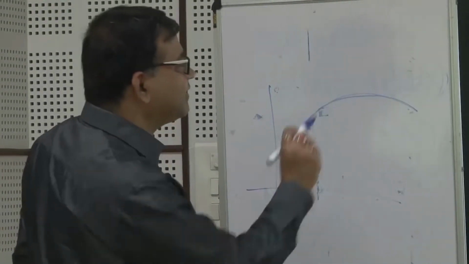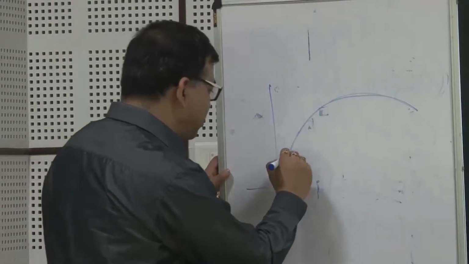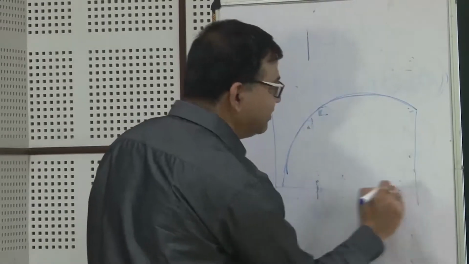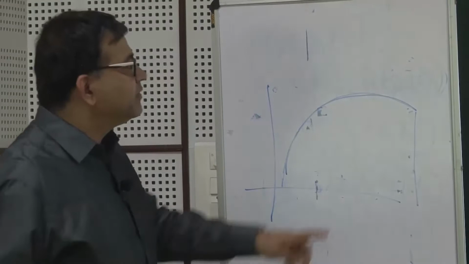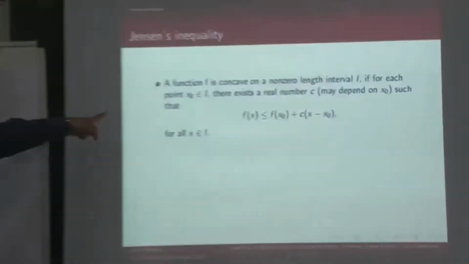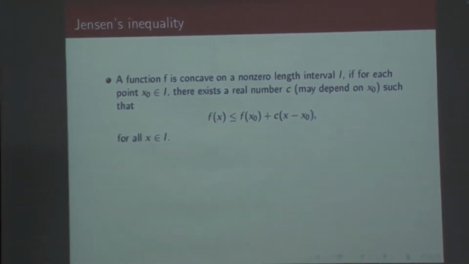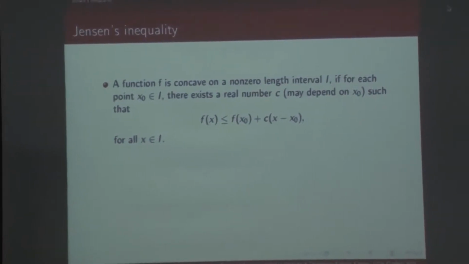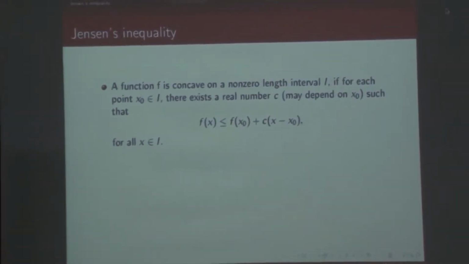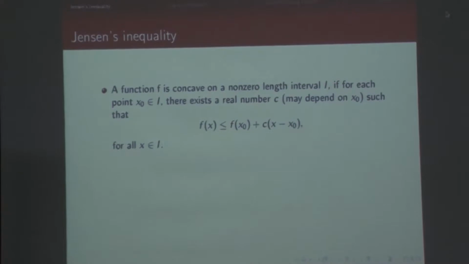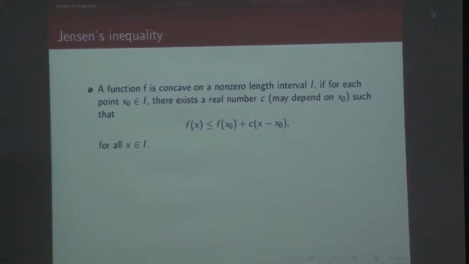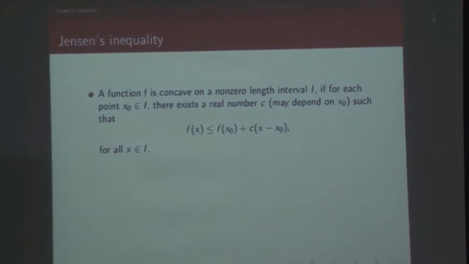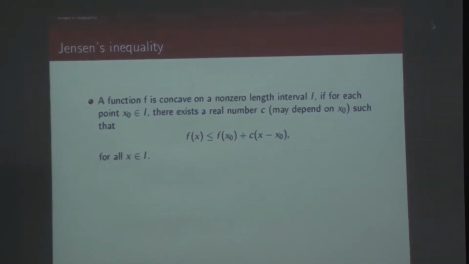So, if it is concave over, let us say this interval I, then for each point x naught which belongs to this interval there exists a real number c such that f of x is below f of x naught plus c times x minus x naught.